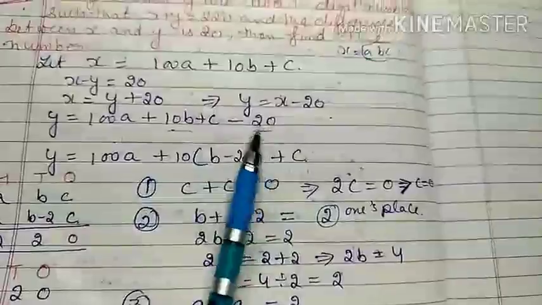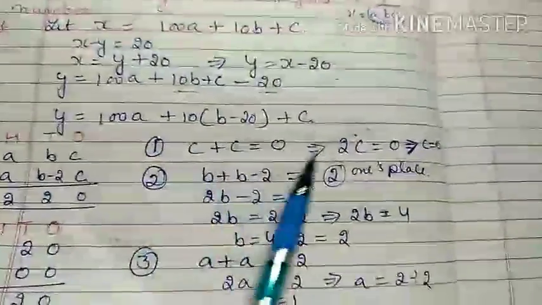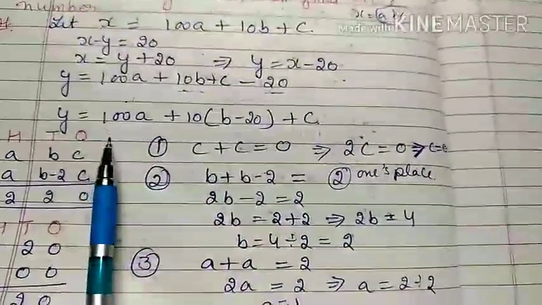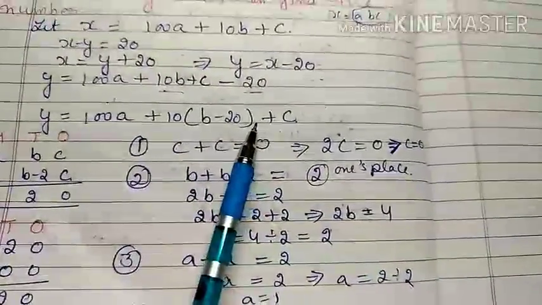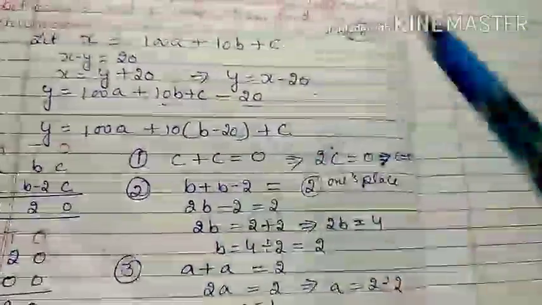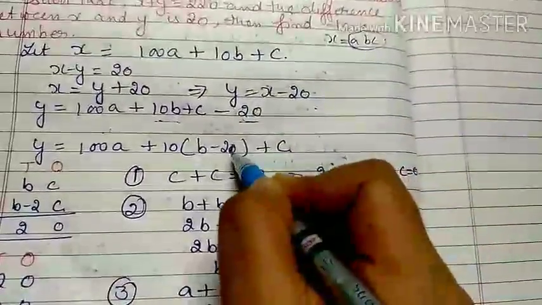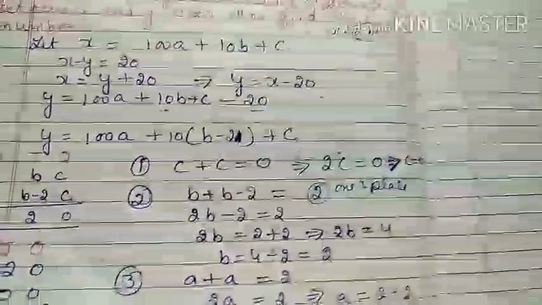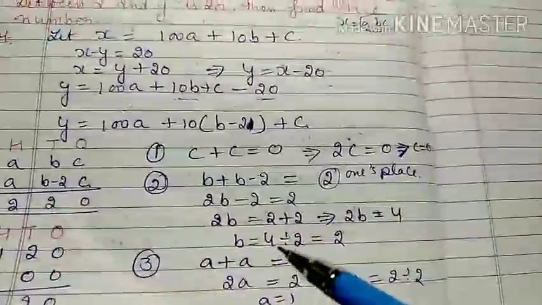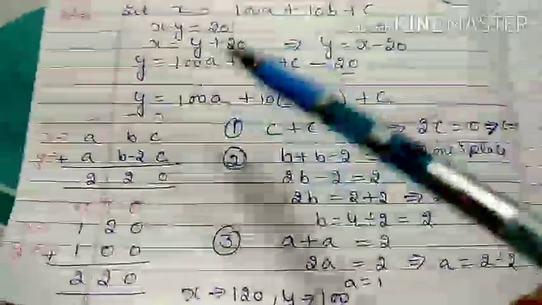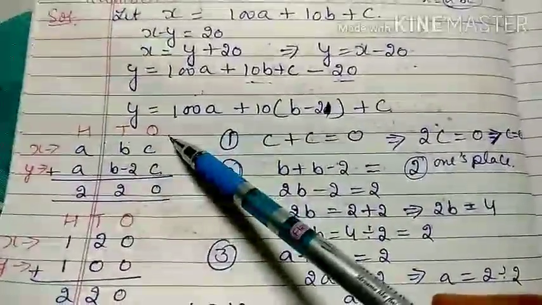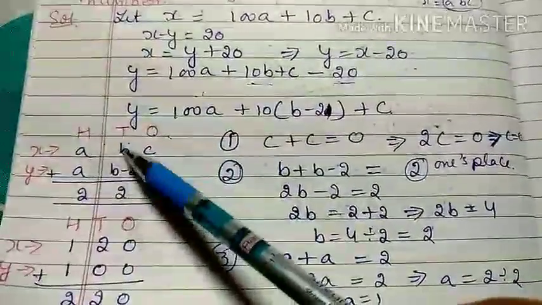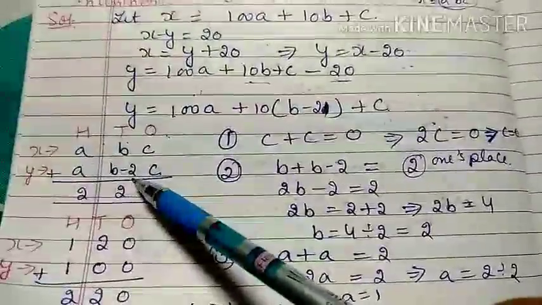So I take 10 common from these two, and my required 3-digit number y is 100a plus 10 into (b minus 2) plus c. Now you have to arrange these in hundreds, tens and ones. Here it is a, b, c and a, b minus 2, c.